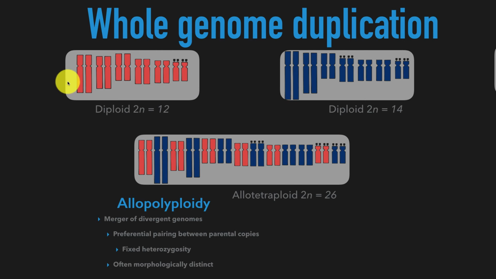And there's two types. There is allopolyploidy, where you start with two diploid species, separate species. This one's got a different number of chromosomes than the other.